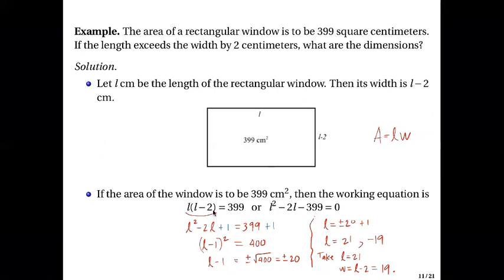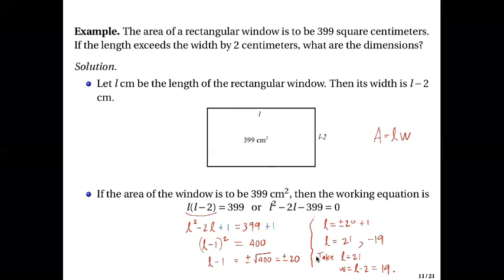Or you don't remember completing the square and you look at this, you were overwhelmed, so you didn't want to use factoring, you just use the quadratic formula. That's totally fine. You will get all the same answers. Okay? So this is one method.